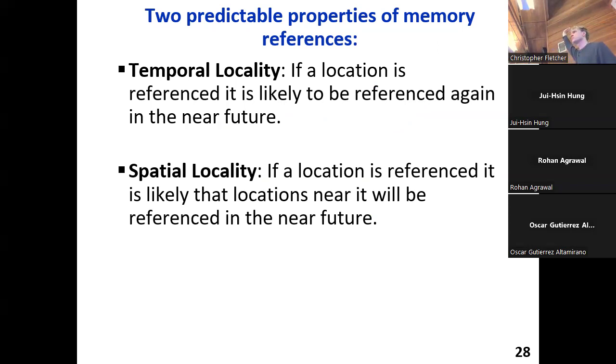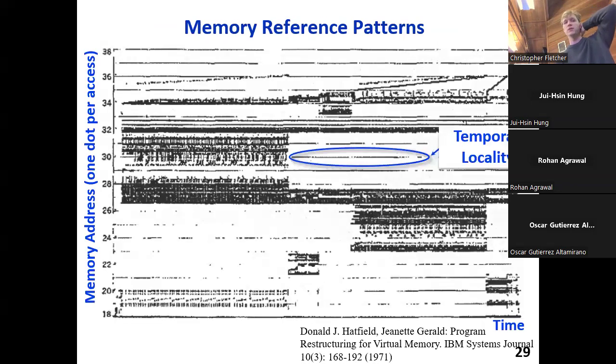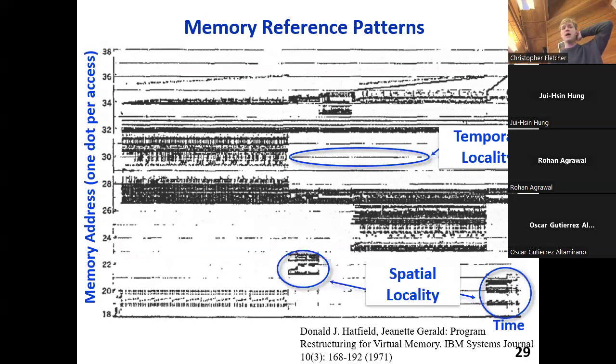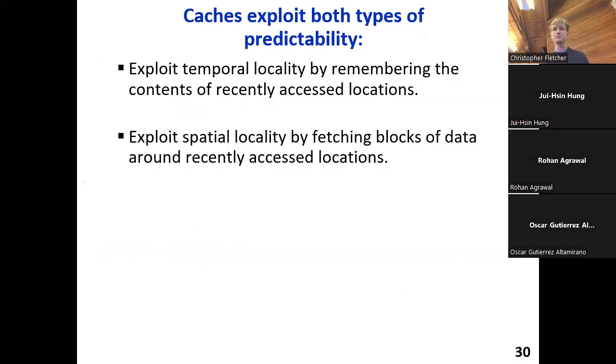Everybody has heard these terms before in 61C? Awesome. Temporal locality, to recap, is when you touch the same memory location multiple times in quick succession. Spatial locality is when you touch nearby locations after touching a particular location. So going back to our original picture, the horizontal strips are evidence of temporal locality, and the barcode rectangles are evidence of spatial locality.